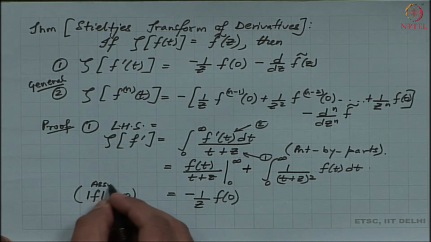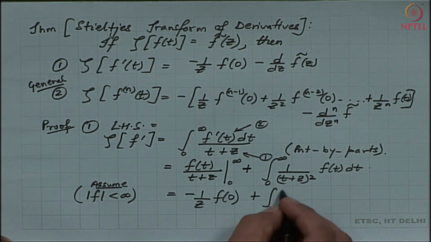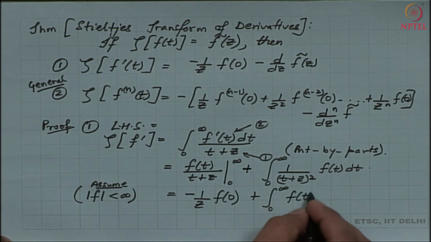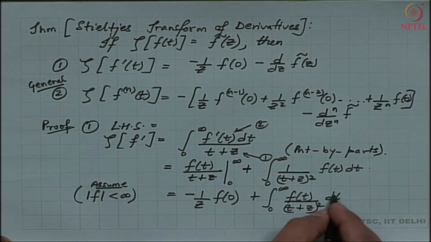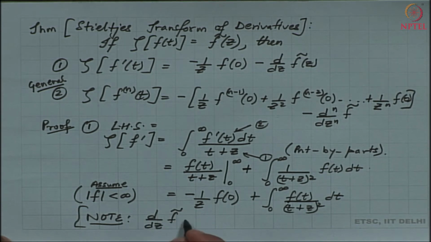So, I have assumed here the following condition. So, negative 1 by z f of 0 plus the integral from 0 to infinity of f of t by (t plus z) whole square dt. Notice, we note the following: if I were to take the derivative of the Stieltjes transform, let us see what happens.